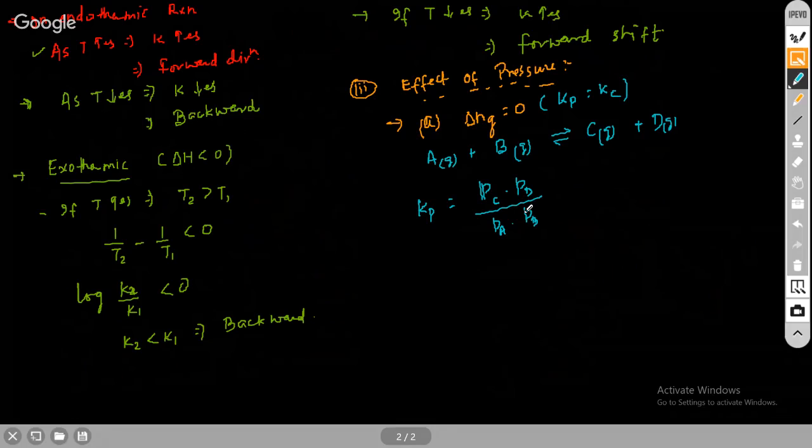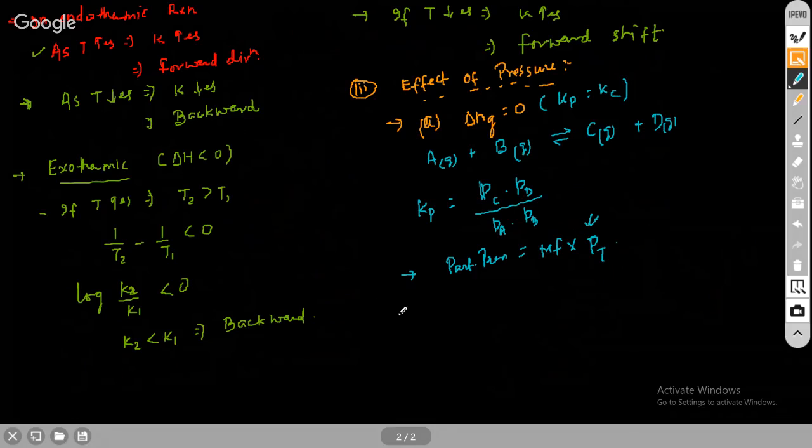If we write down Kc, then concentration terms we have to use, right? Now we know from Dalton's law that partial pressure is equal to mole fraction into total pressure, Pt. The effect of this pressure only we have to assume, right? The pressure at which the reaction is taking place, the total pressure.